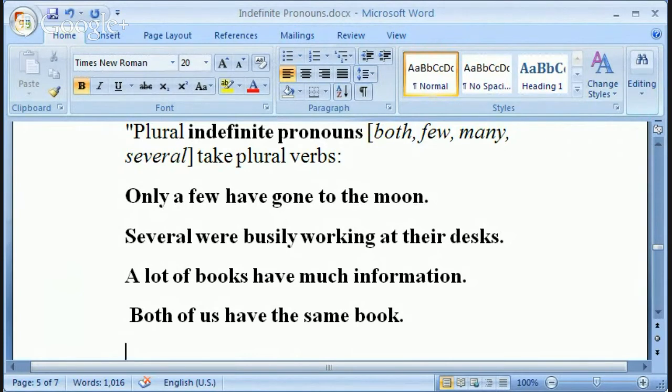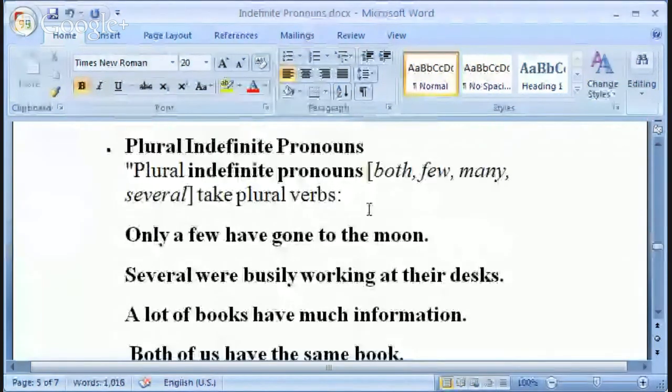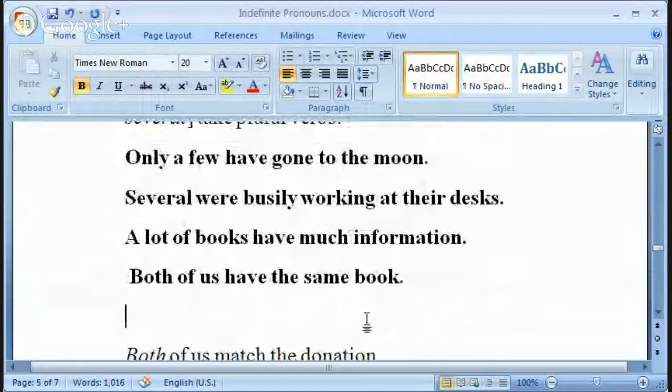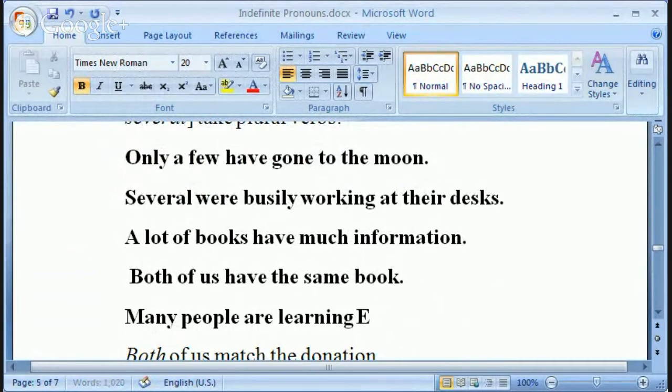Okay, let's continue. Jorge, can you try to form a sentence from the indefinite pronoun? All right. Many people are learning English on internet. Okay, and actually, we don't have an indefinite pronoun here.